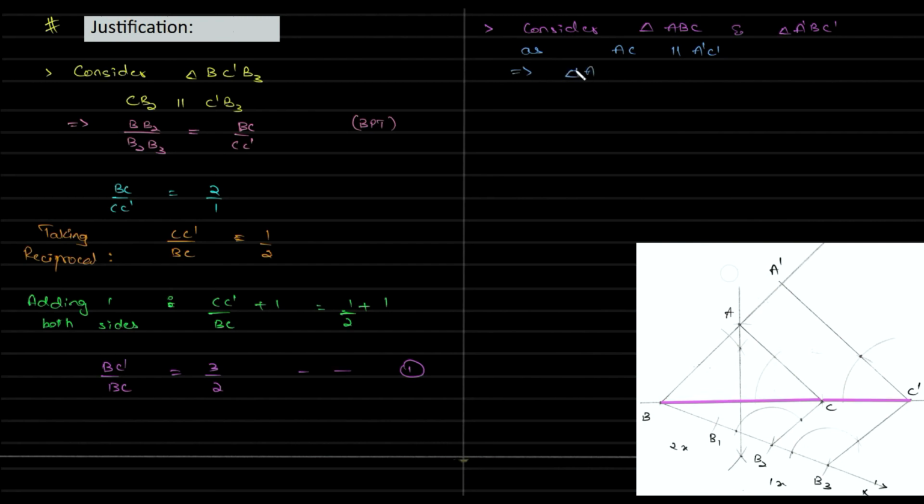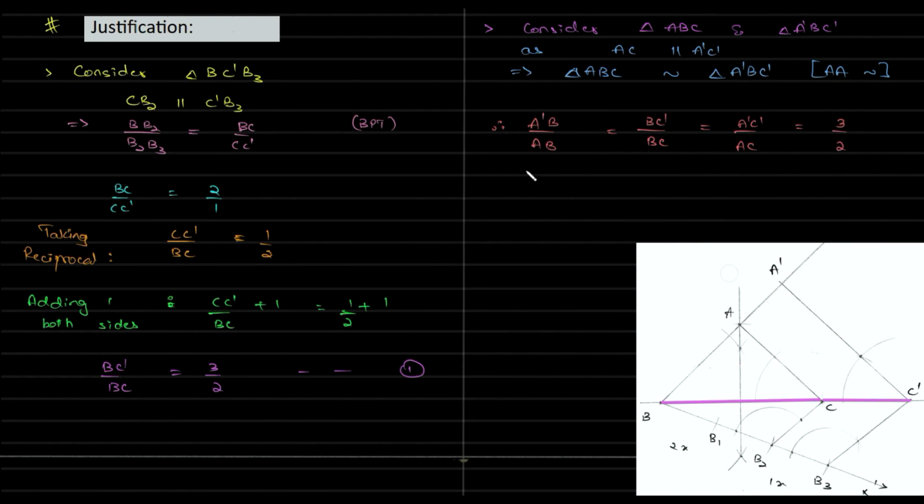Triangle ABC is similar to triangle A dash BC dash with the help of AA similarity criteria, and thus we have A dash B by AB, which is equal to BC dash by BC, which is equal to A dash C dash by AC, which is 3/2.